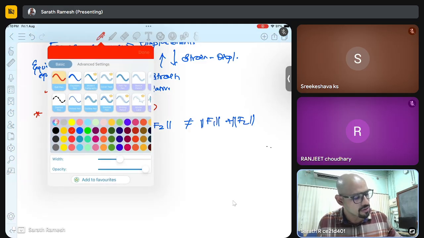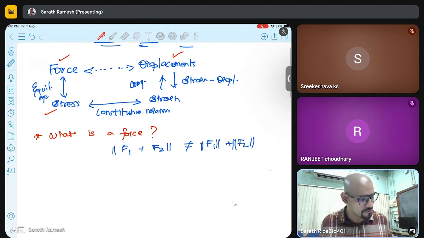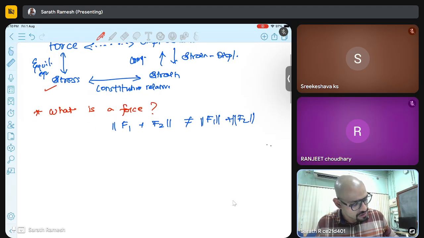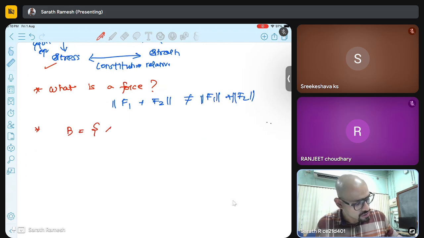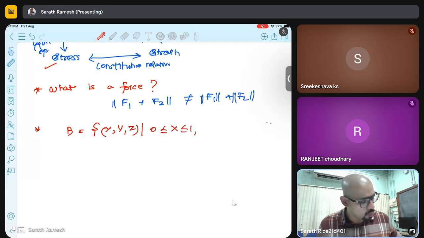I'll take a problem on the concept of displacement. Assume we have a body given by x, y, z, where X ranges from 0 to 1, Y ranges from 0 to 1, and Z ranges from 0 to 1.